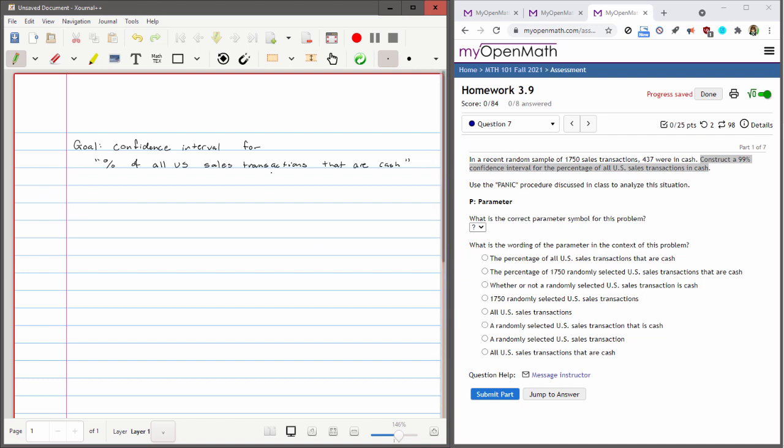The way that we're finding this is using a random sample. So we need to think about just what's going on in this story.